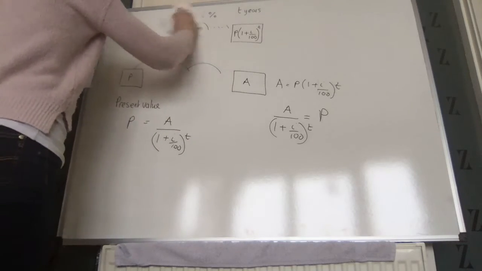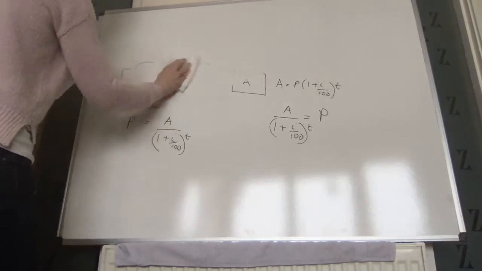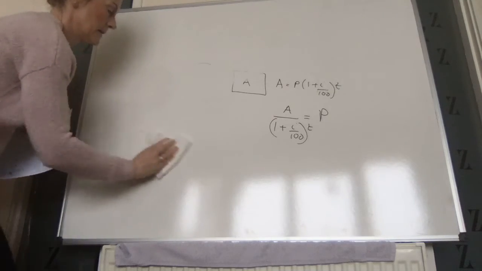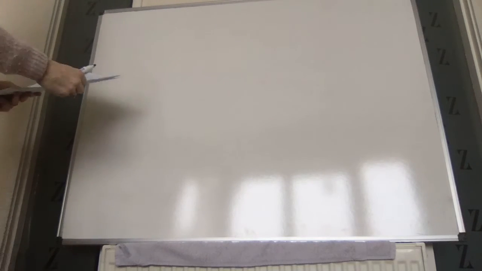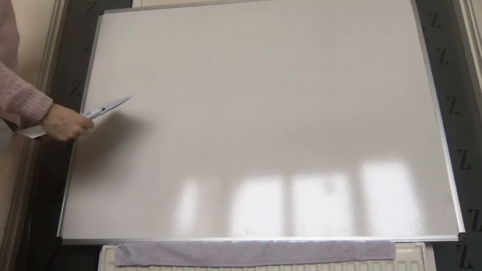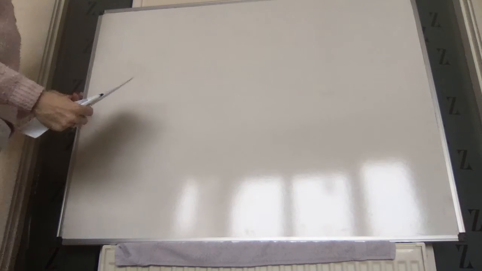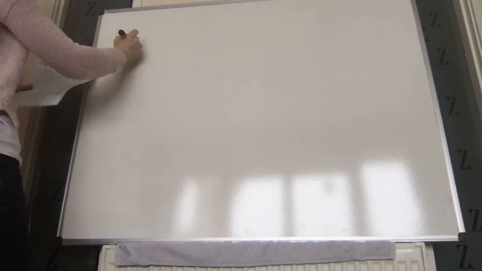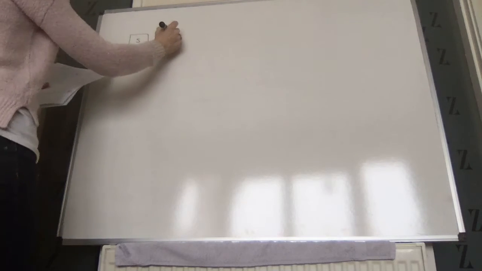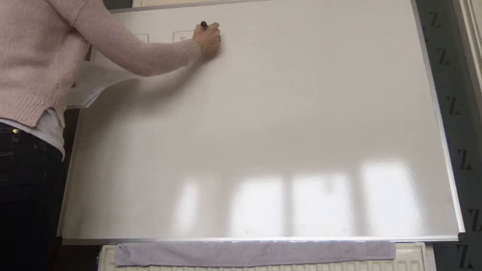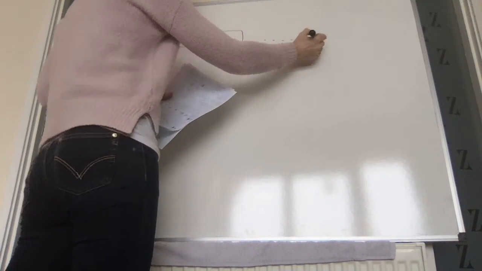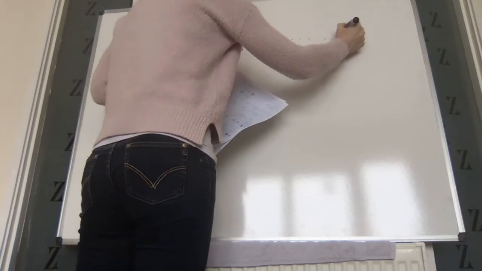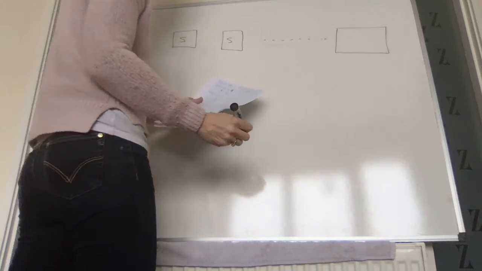Now, I want to talk about if you are saving for a holiday, or you want to put a fixed amount away at regular time intervals, so that sometime into the future, after so many time intervals, you will have a particular sum of money.